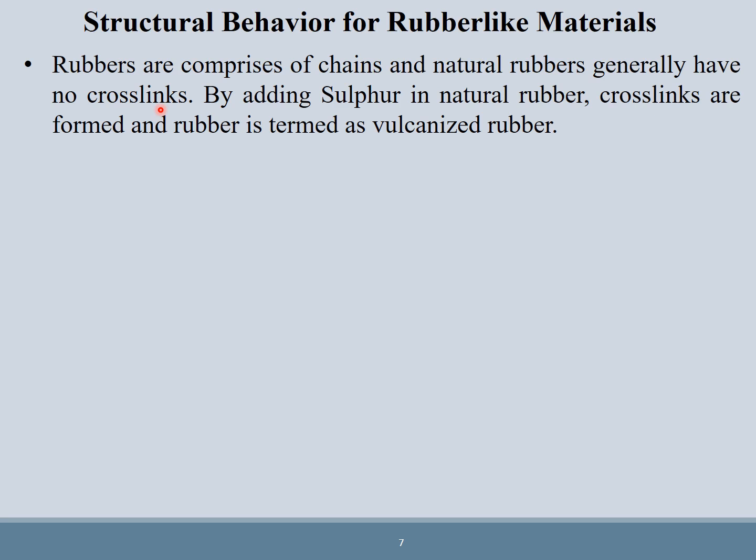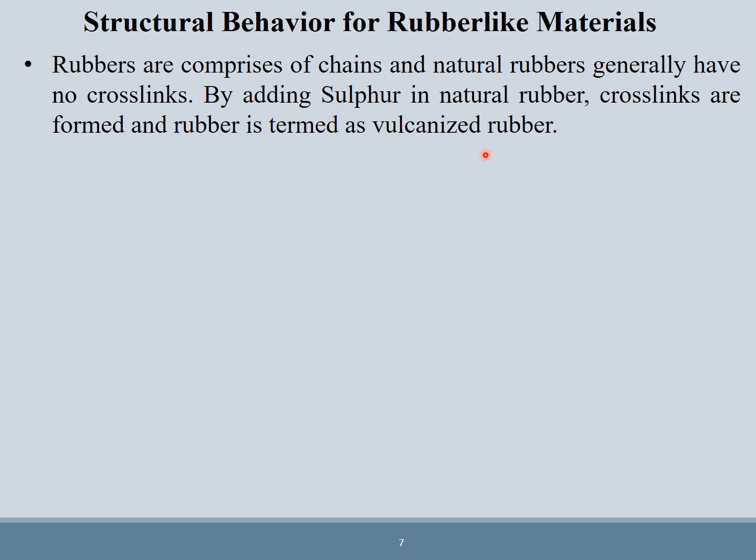So what we basically do is take natural rubber and apply some chemical processes, like adding some sulfur to it, by which we create a chemical bond, that is a cross link. That makes the elastomer stronger, and the rubber is now known as vulcanized rubber.